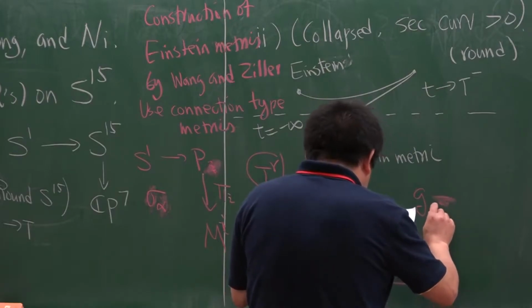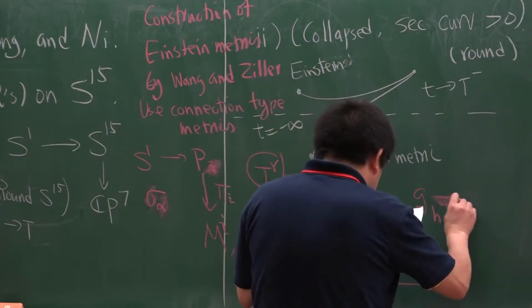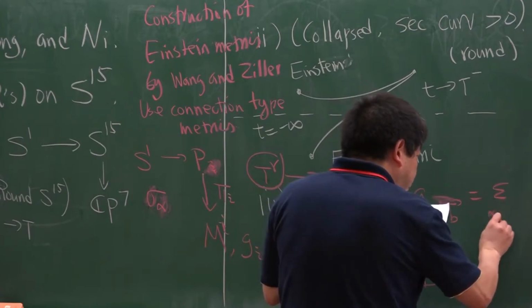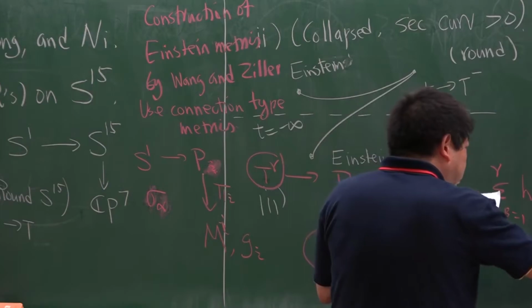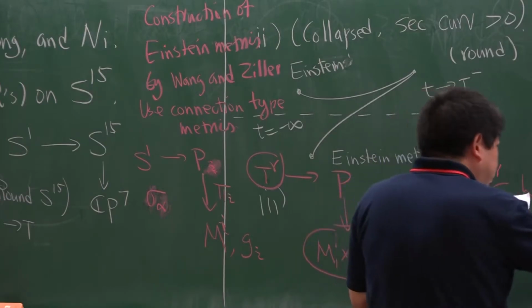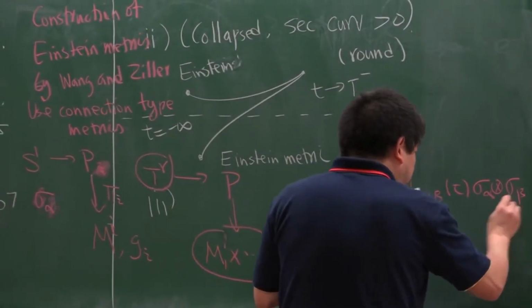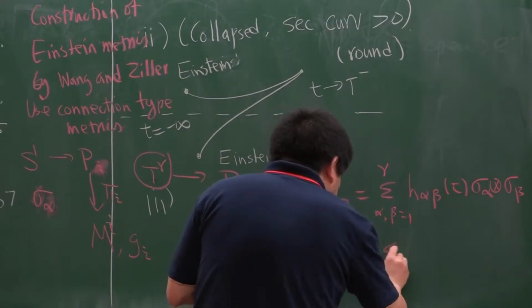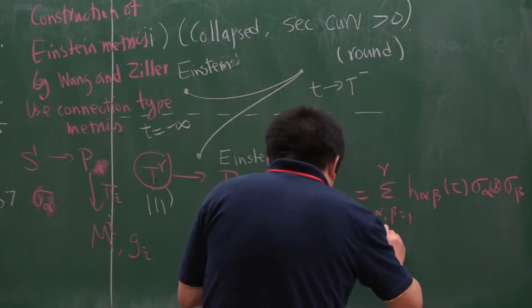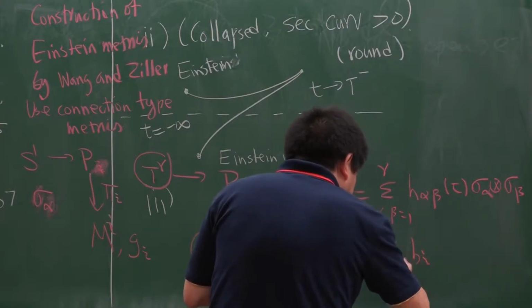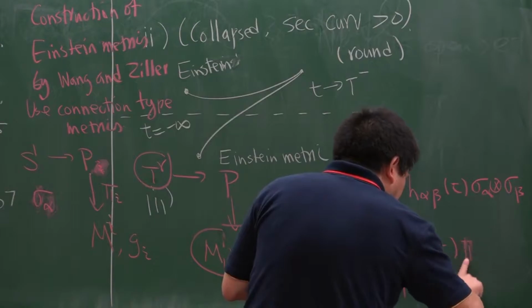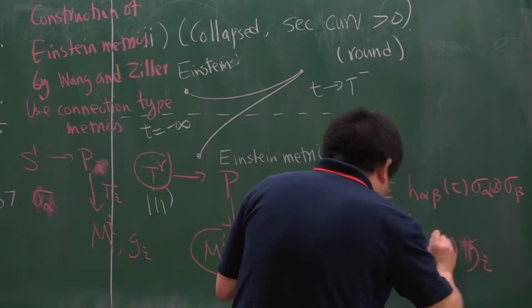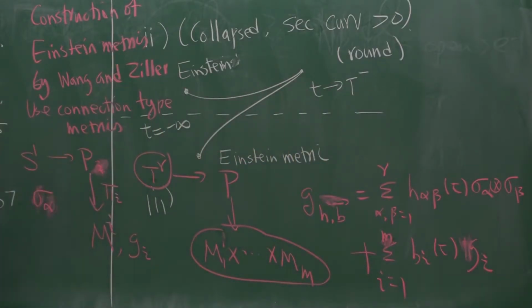So the metric is, just use g_i. The metric is of this type.